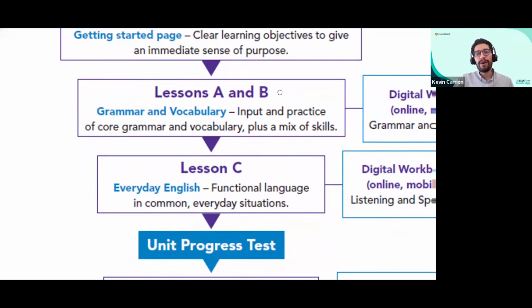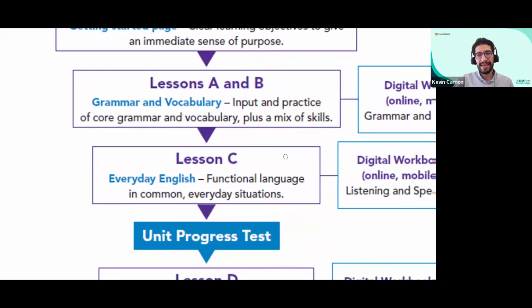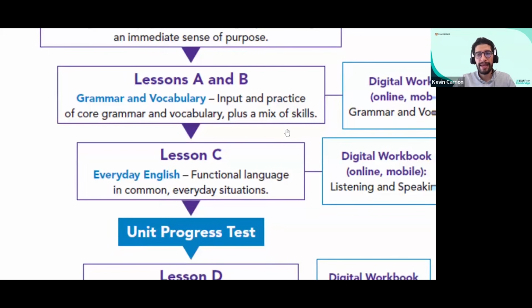Then we're going to go with lessons A and B in the student's book. Both of them focus on grammar and vocab. Usually lesson A will cover some vocab, usually lesson B will cover grammar, and maybe they can switch as well. Depending on the unit, you will cover grammar and vocabulary lessons.